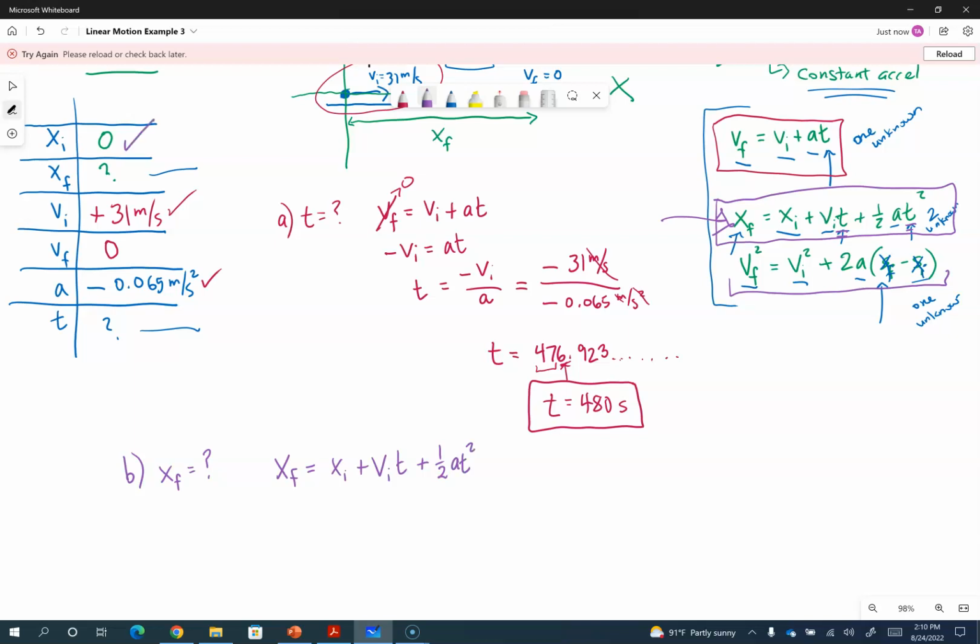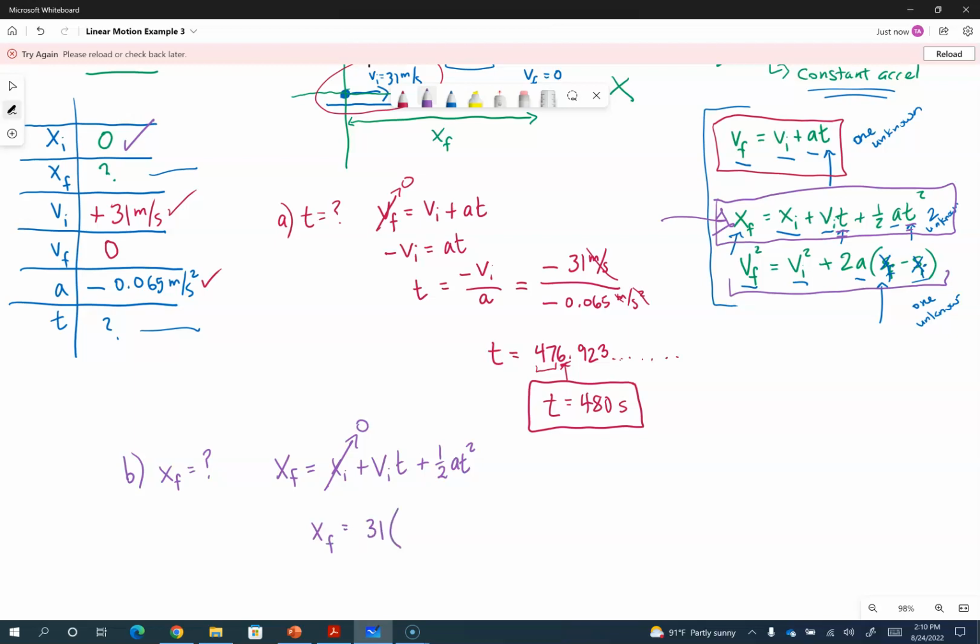From my table, because of how and where I put my coordinate system, I have defined the initial position to be 0. We know the initial velocity, we know the acceleration, and we now know the time. So we're going to plug numbers in. The initial 31 meters per second.